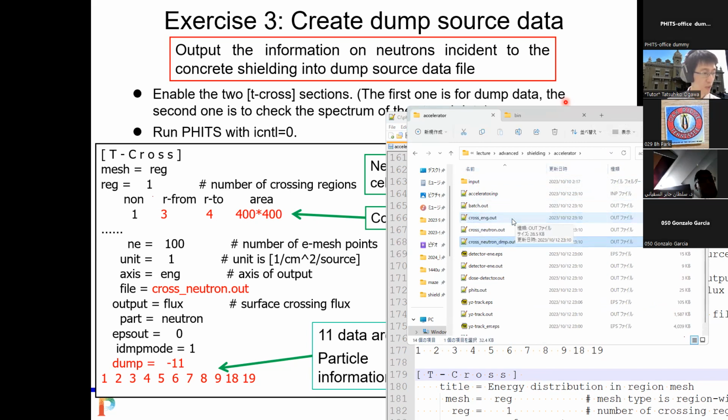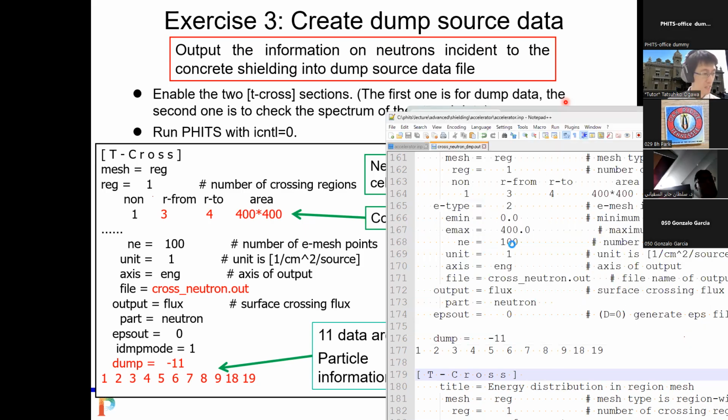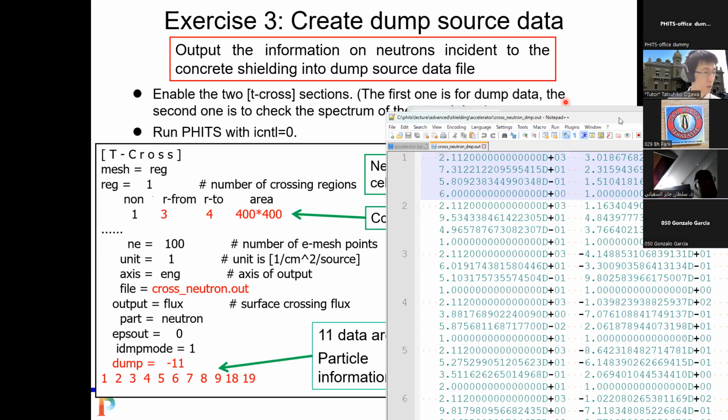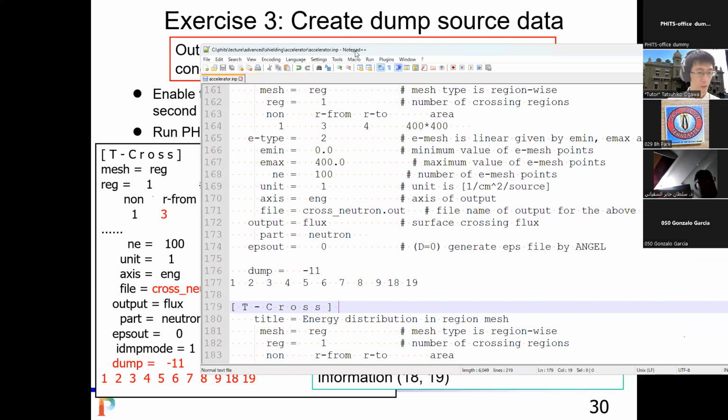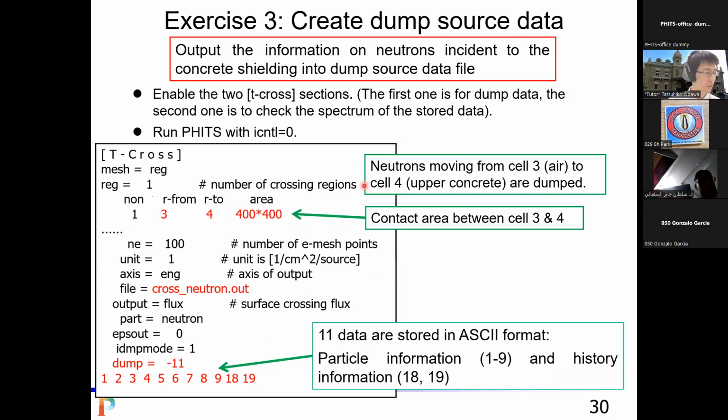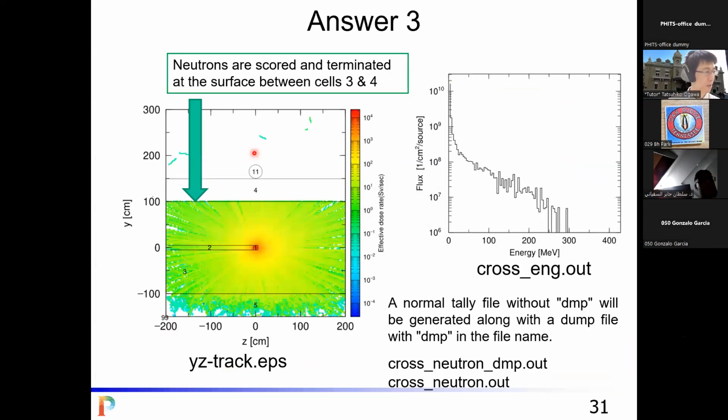This cross-neutron.dump.out is the dump file, which contains the tallied particle information such as XYZ, velocity, angular cosine, energy, weight, etc. After this run, we get particles, and this cross-eng.out is the histogram of particles dumped at this plane.